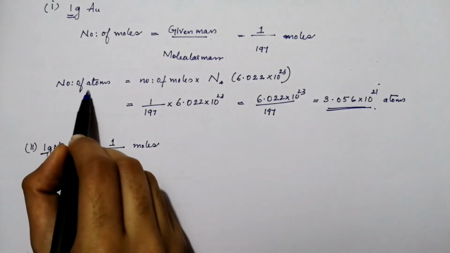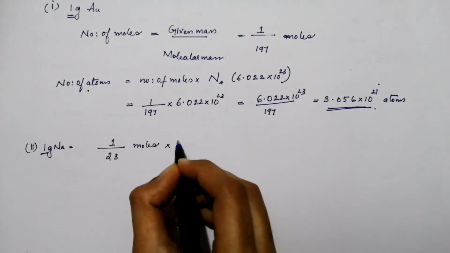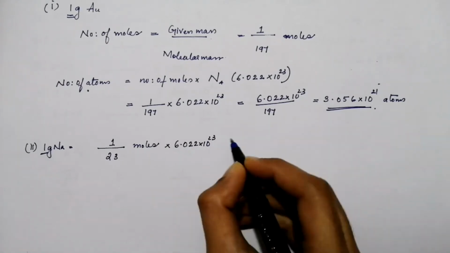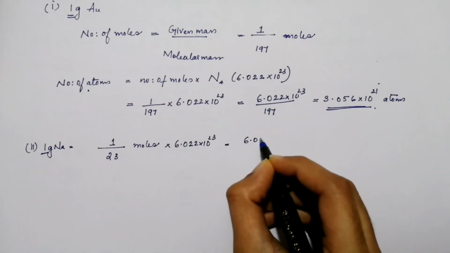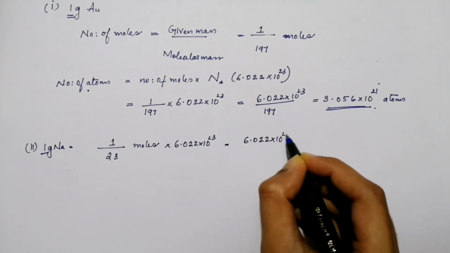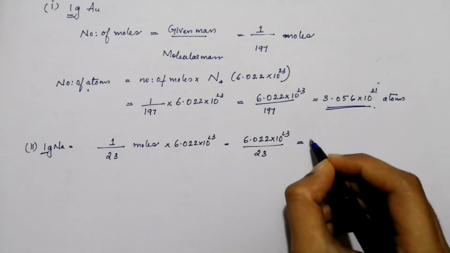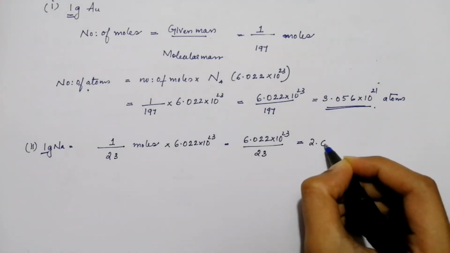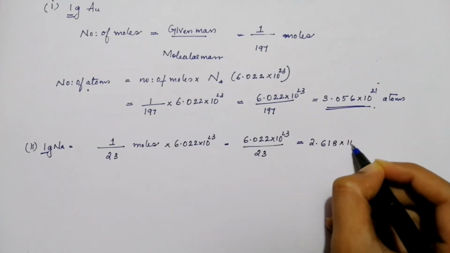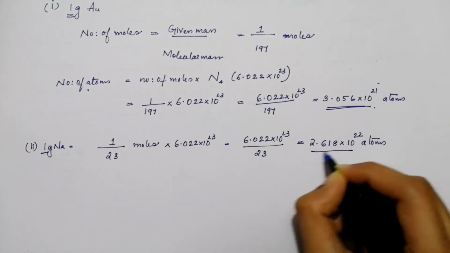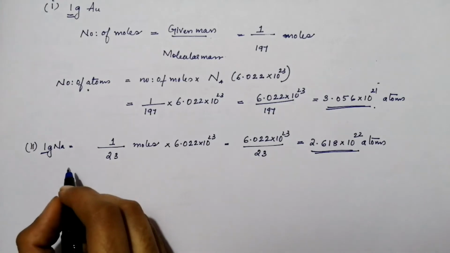Now to calculate the number of atoms, let us multiply it with the Avogadro number, that is 6.022 into 10 power 23. Solving this, we have 6.022 into 10 power 23 divided by 23. The answer is 2.618 into 10 power 22 atoms. So these many atoms are present in 1 gram of sodium.